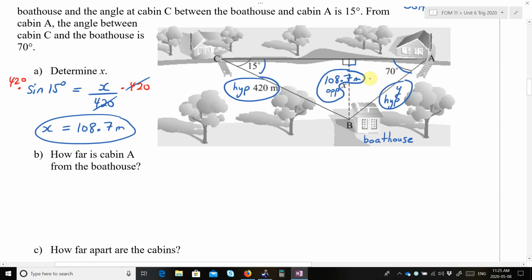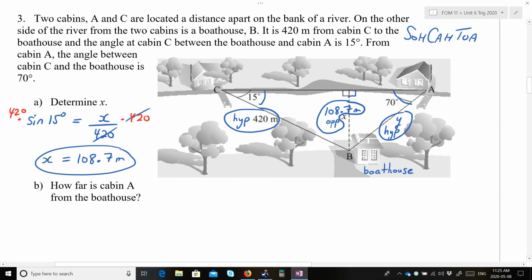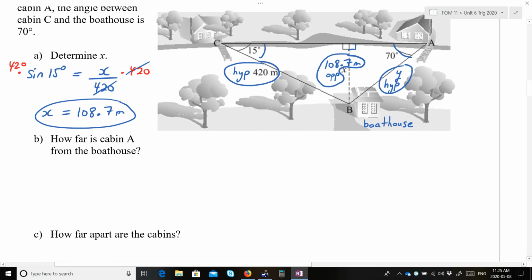So we're looking for the hypotenuse and we have the opposite. Okay, so that's going to be sine again. So I would go sine of 70 degrees is equal to, the opposite is 108.7 divided by the hypotenuse y. And remember, when you have the equation like this, those end up switching spots.